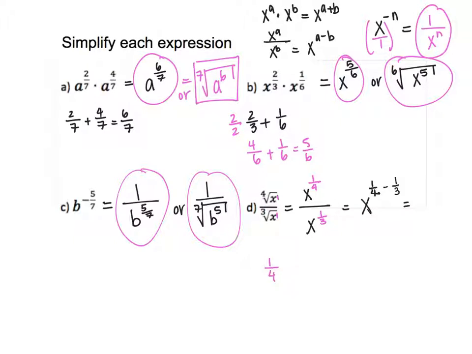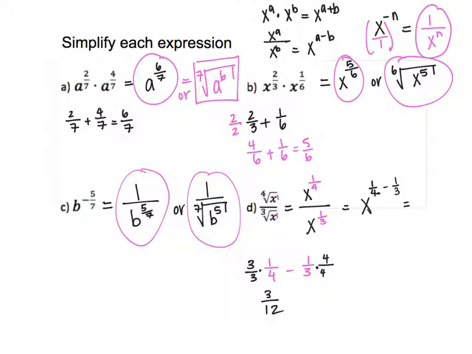So 1/4 minus 1/3, well, they need common denominators if we're subtracting. So this 4 needs a 3, and this 3 needs a 4, because I want the denominator to both be 12, because that's the least common denominator. So this is going to be multiplied by 3, and the other will be multiplied by 4. So I'm going to get 3 over 12 if I multiply that across.